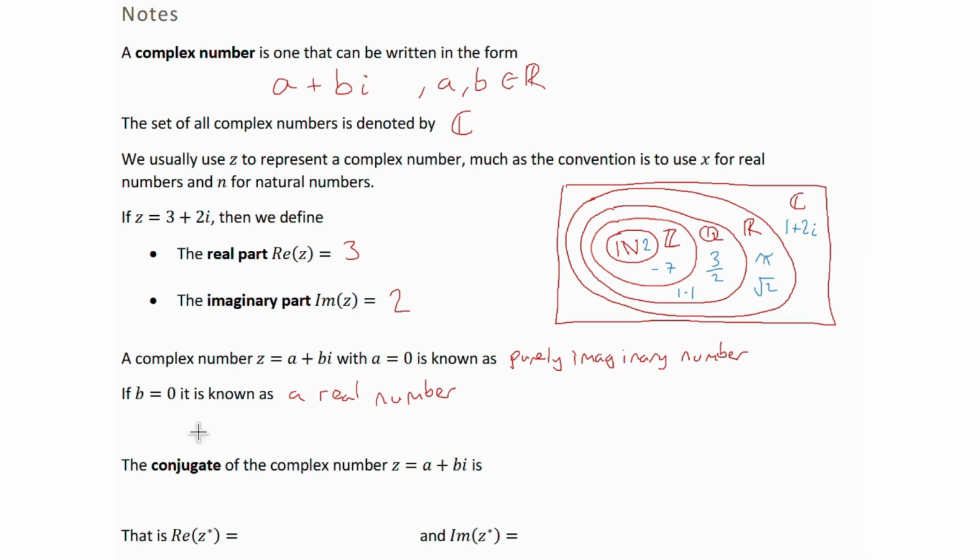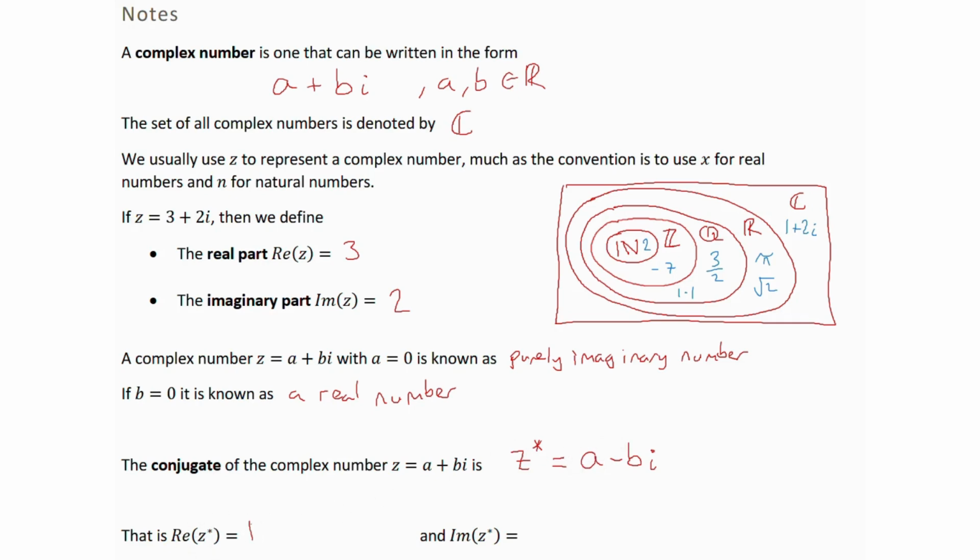Now finally, one more word is the conjugate. The conjugate of the complex number a plus bi is denoted z and then a star symbol. And the conjugate is a minus bi. That is, the real part stays the same, but the imaginary part becomes negative.